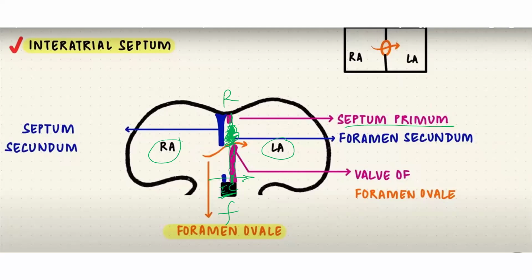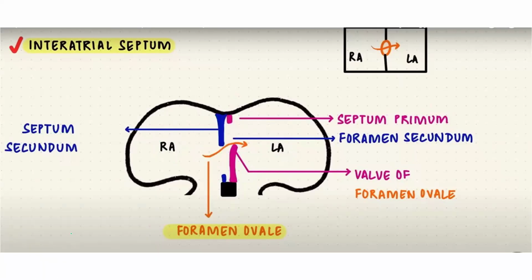So I've already formed that. Then to the right side of the foramen secundum, another septum starts to grow. This time it grows from the roof, but it does not touch the floor. It just grows halfway that length, and that's the septum secundum. So this forms a channel there, which is now the foramen ovale.